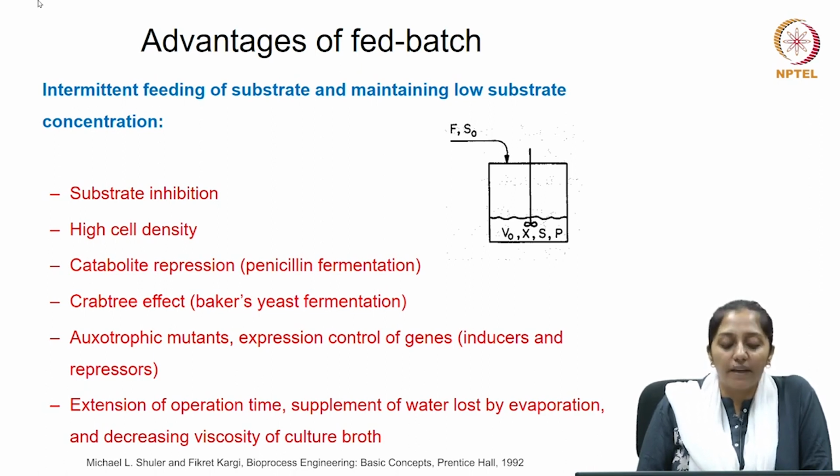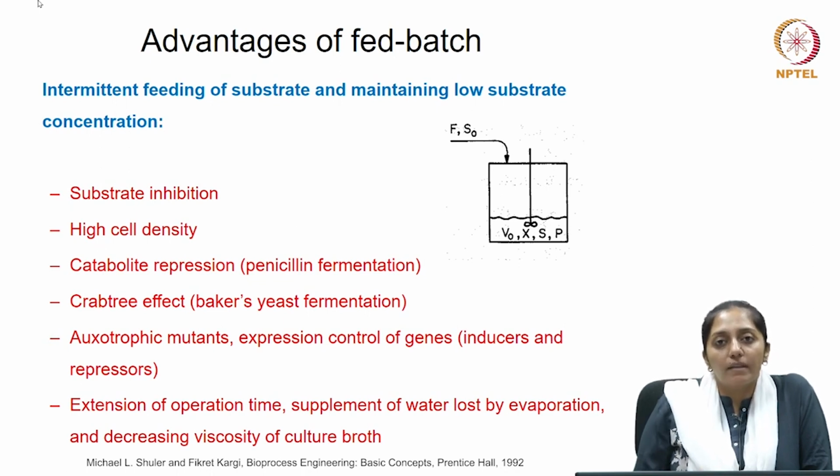Then the Crabtree effect, it is another limitation in a baker's yeast process, where maximizing the biomass is the objective. However, because of the large amount of glucose present, the cells may start using substrate level phosphorylation for energy generation.